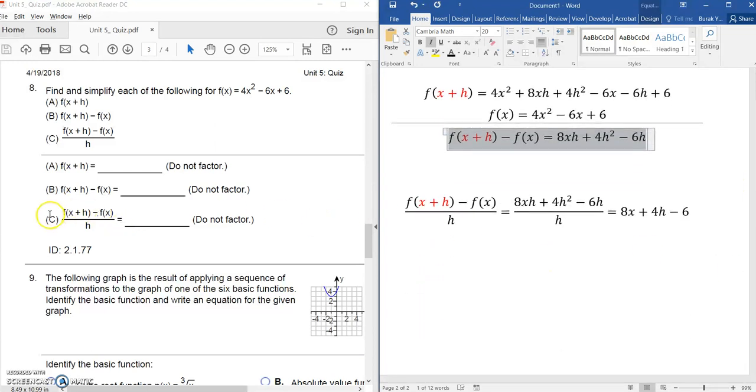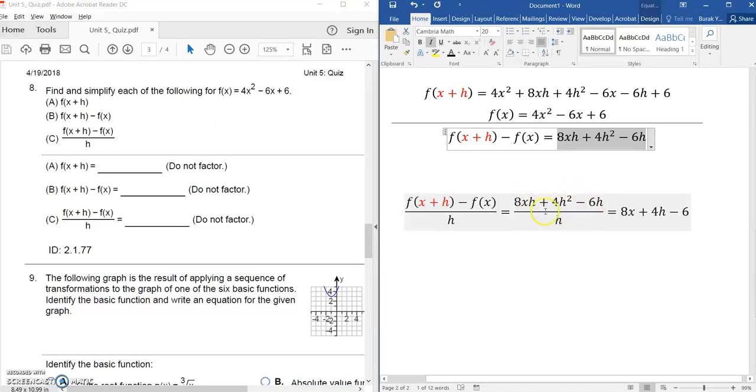And then in part C, we're being asked to take this difference we just found in B and divide it by h. So all you have to do is take this and divide it by h. Every single term here, which we have 3 terms, should be divided by h.